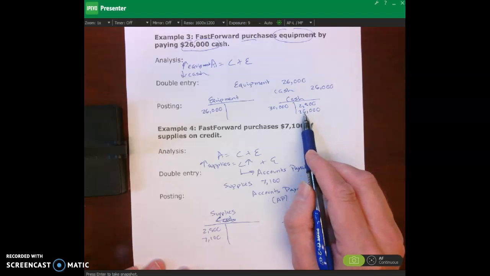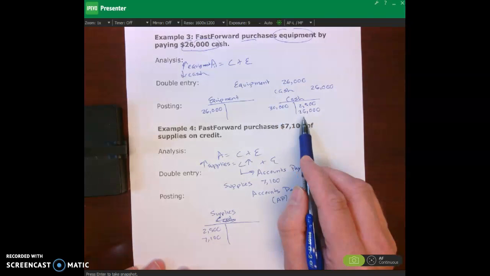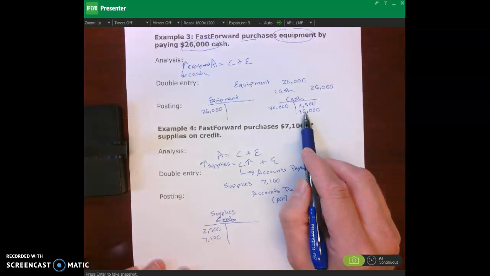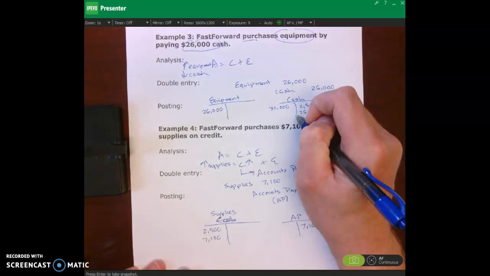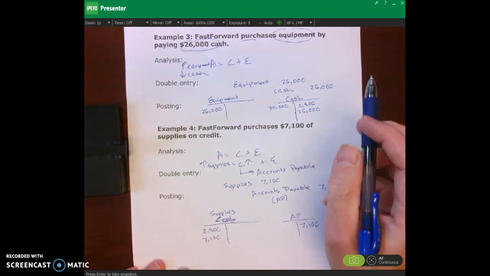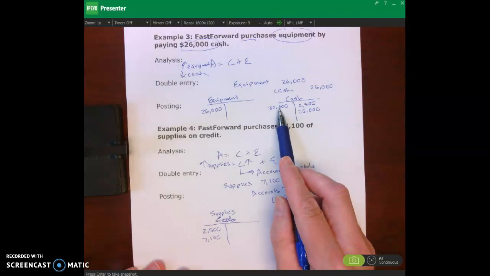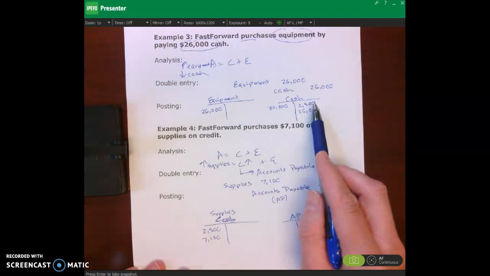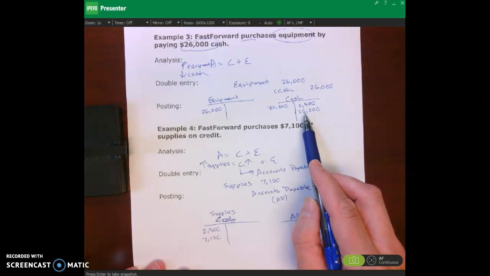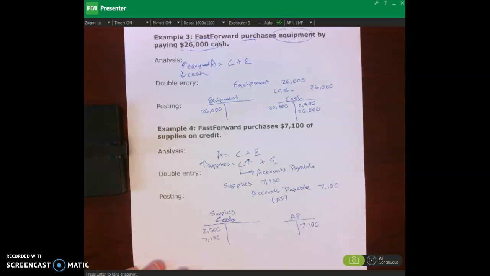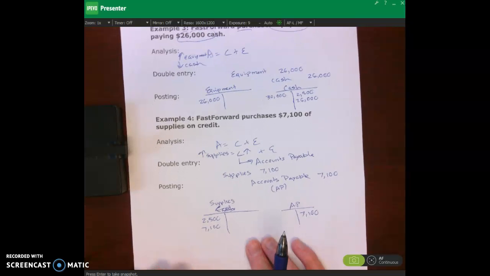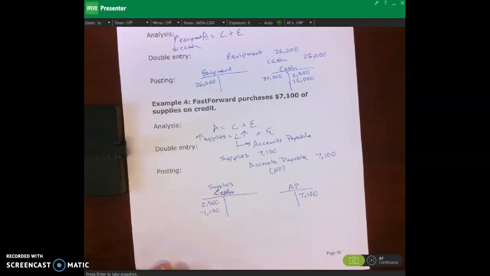And then the $26,000 of equipment that I bought in example 3 on the credit side. The way I would calculate the balance in cash, how much cash I have in my bank account, is I would take my $30,000 minus my $2,500 minus my $26,000, and then that would give me my balance in cash right there.